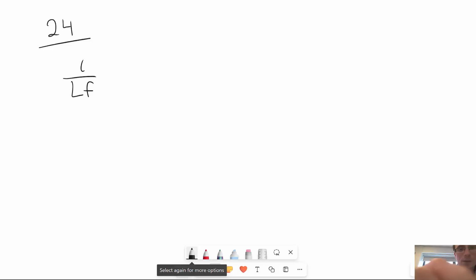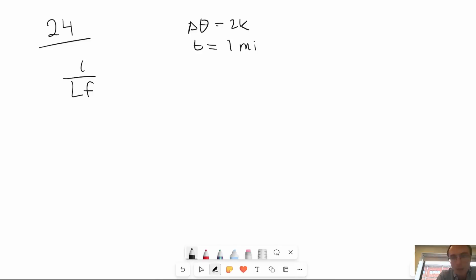So this means that initial sentence tells me that delta theta is 2 Kelvin, and the amount of time over this happens is just 1 minute. Okay, so what I can do next is actually work out 2 separate equations to allow me to get this ratio of C divided by LF.